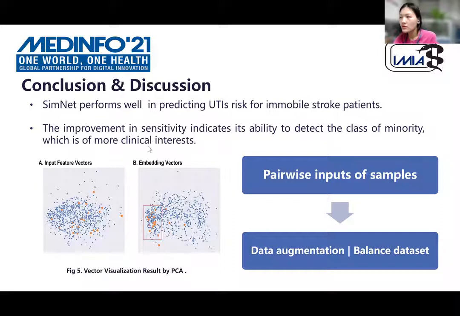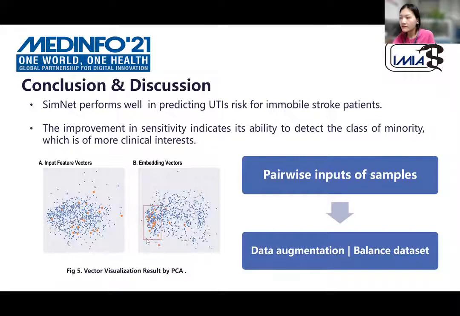Also, we may partially attribute this to the pairwise inputs of samples in SimNet, because this can contribute to a meaningful vector representation during the training procedure and make the classification task easier. We can see in figure 5 that in contrast with the training sample space, the embedding vectors from the SimNet feature extraction block narrow the distance between the UTI samples.